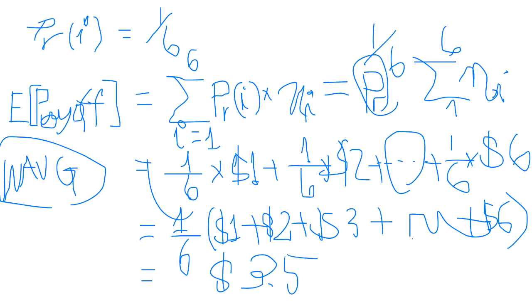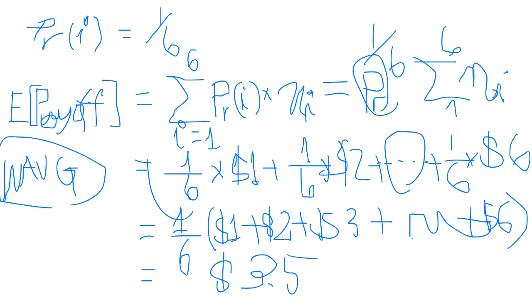But still, even though it's impossible to win $3.5, that's the most rationally expected value. So this is why the average is called expected return.